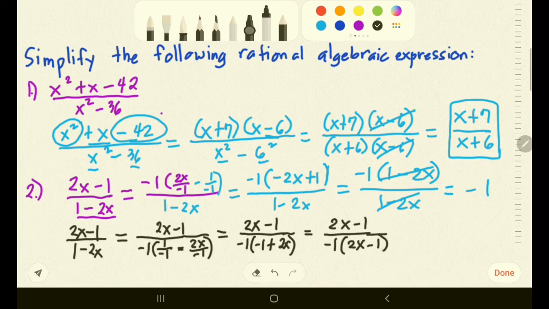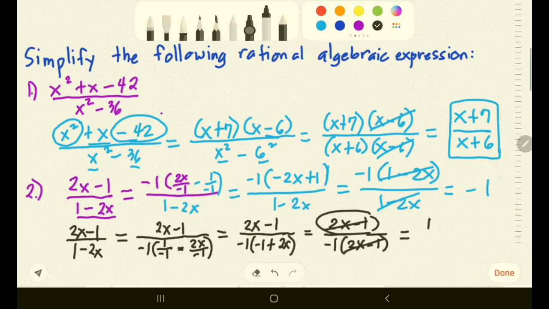So, you come up with a common binomial factor, which is 2x minus 1. So, 2x minus 1 here is canceled out already. Does that mean the remaining number in the numerator is 0? No. Definitely there is 1.